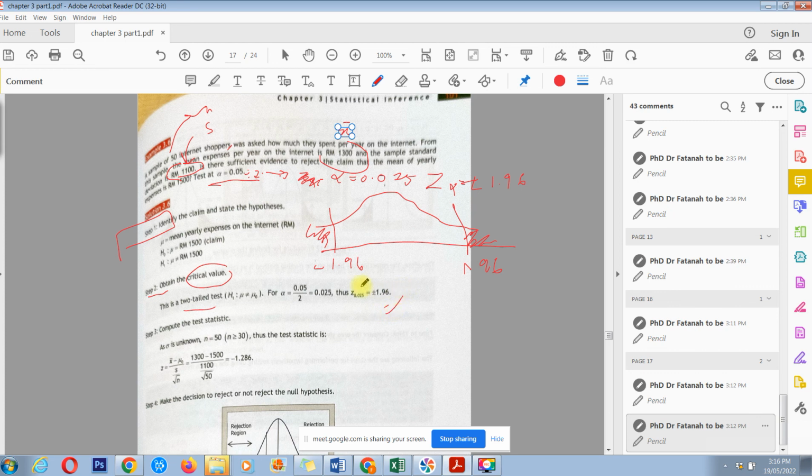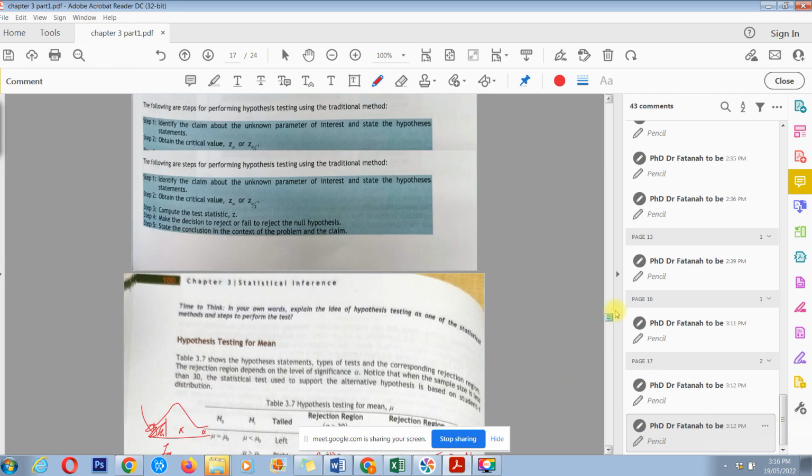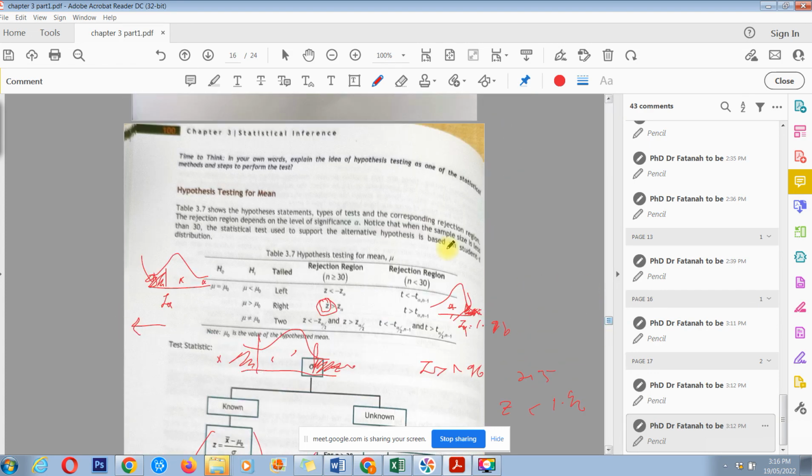And then we need to compute the Z, because we want to compare here. We already have z alpha, so now we need to find the Z value.